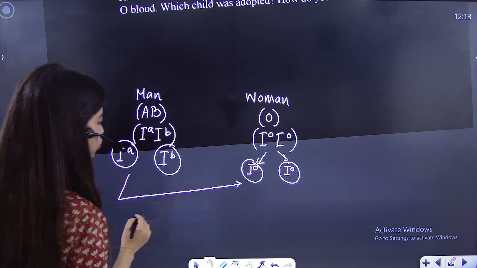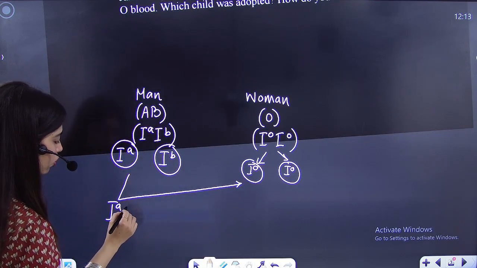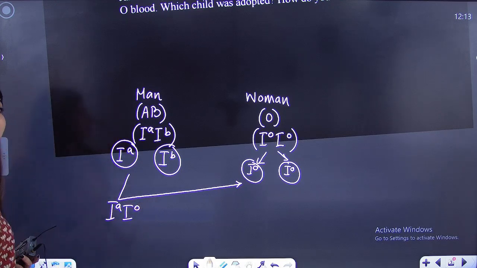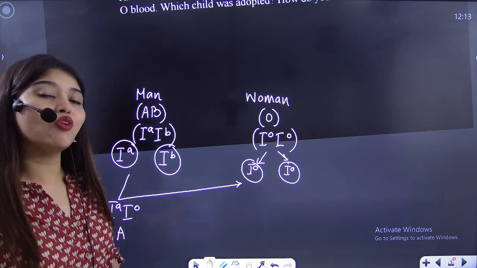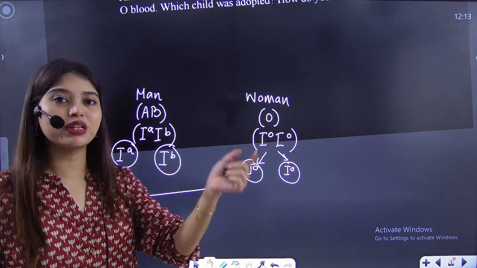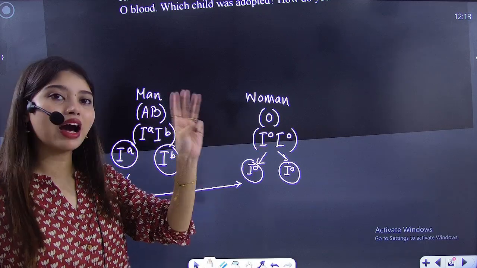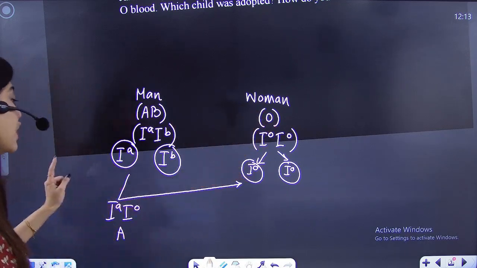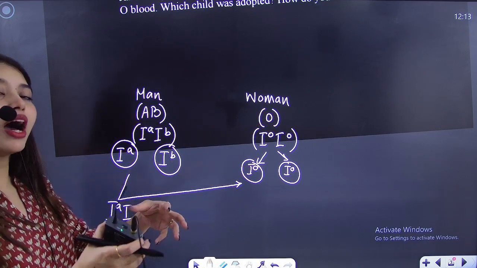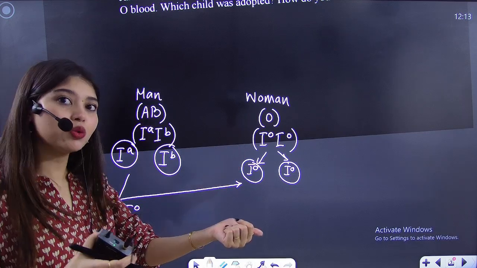IA when merged with IO will result in the blood group A. Why A? Because we know that out of the three alleles in the blood grouping, that is IA, IB, and IO, IA and IB are dominant and IO is recessive. So when IA and IO are together, obviously the dominant one will express itself.